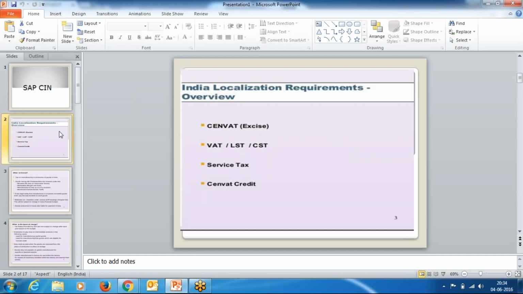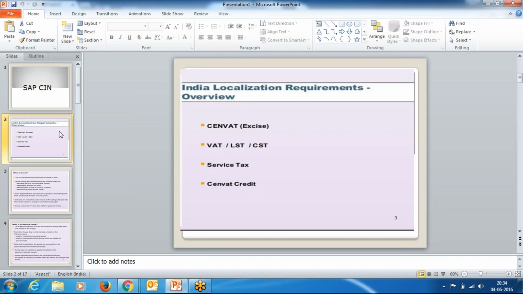May I know about yourself, please? Like what background? Actually, I'm in SAP for around 12 years, and I have worked on multiple areas like MM, WM, SIN, PP, PS, and all that.